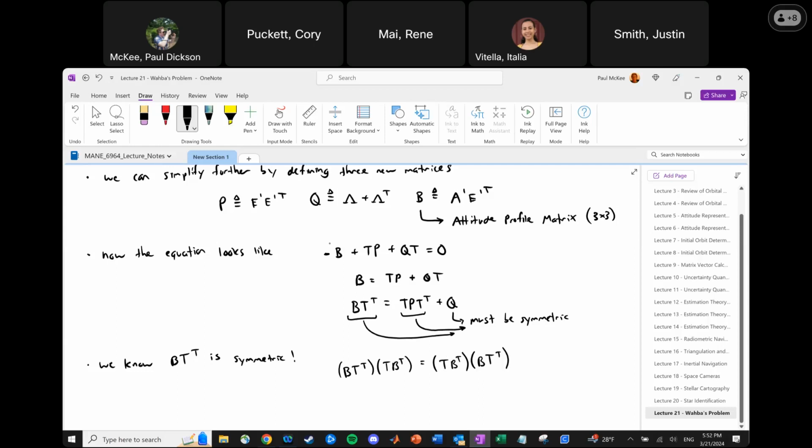So this is true if you've just got a symmetric matrix. It's that matrix times itself transpose is equal to itself transpose times the original thing. And this simplifies because of the unique structure of T. T transpose T, B transpose simplifies to B transpose. And this is T, B transpose B, T transpose.